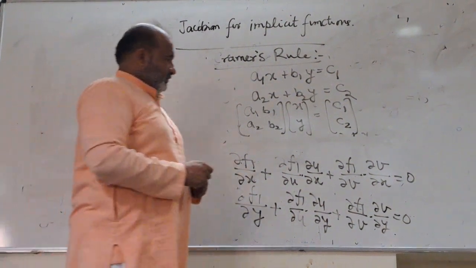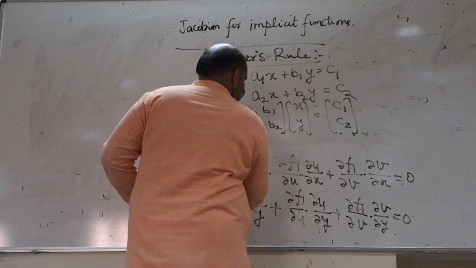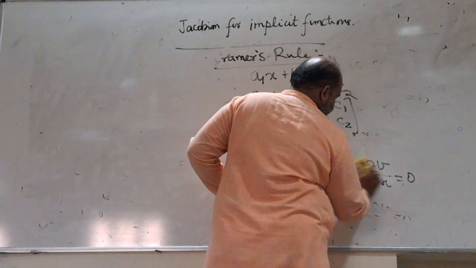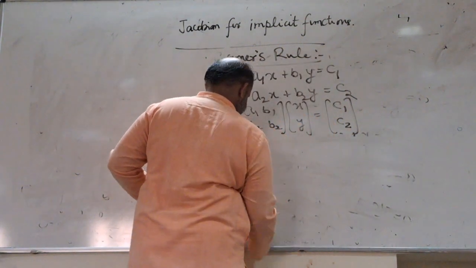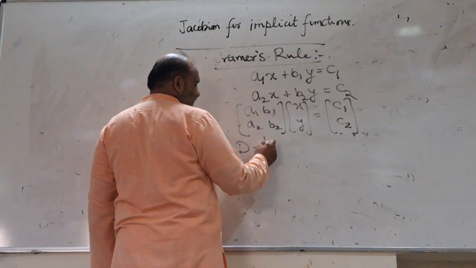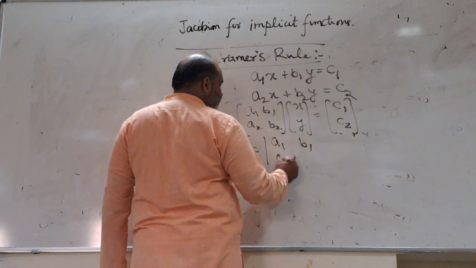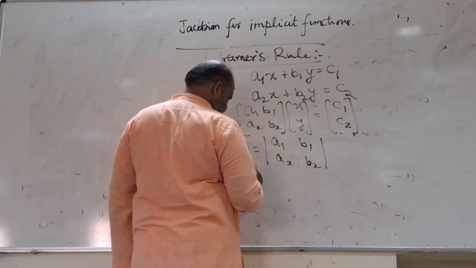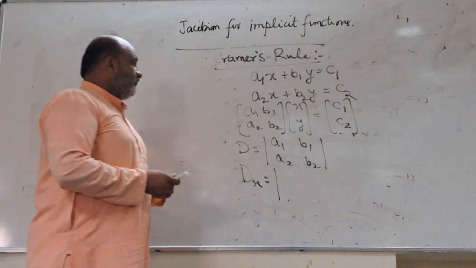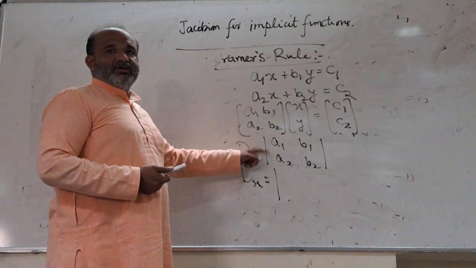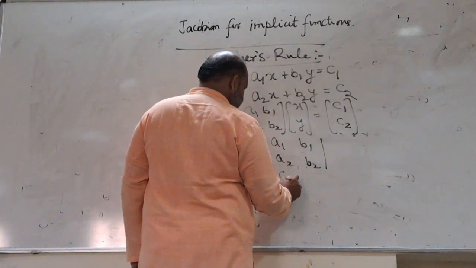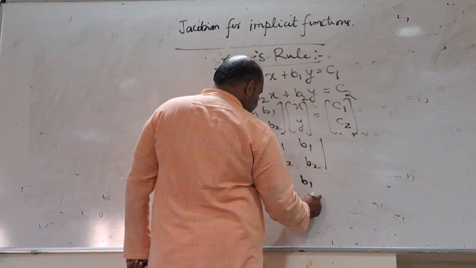Now if capital D is the determinant a1, b1, a2, b2, and Dx is the determinant where the coefficients of x, this column, is replaced with c1 and c2. So this is c1, c2, b1, b2.